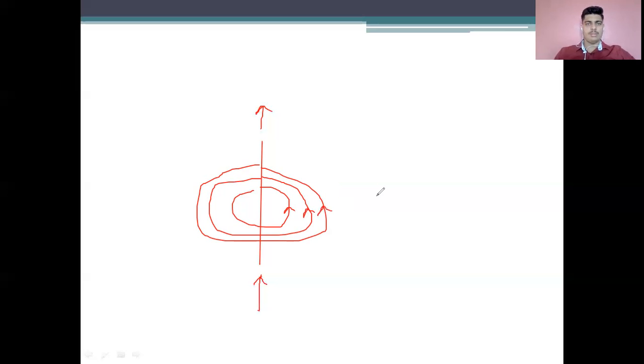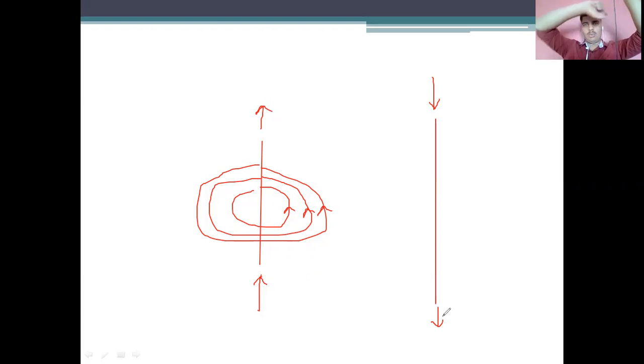And of course, if the current is reversed, from up to down, let me make another straight line, and this time we have up to down current moving. Applying the same phenomenon, my right hand thumb would be in the downward direction because our current is moving from up to down.